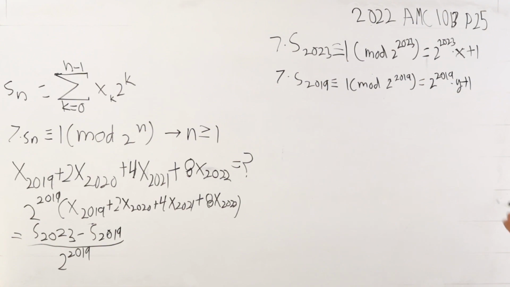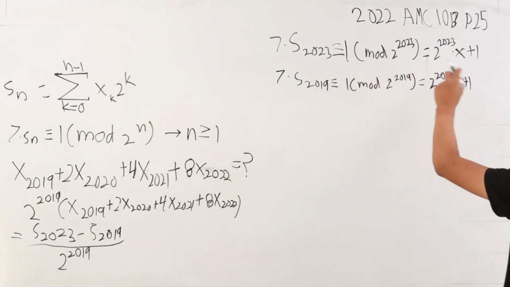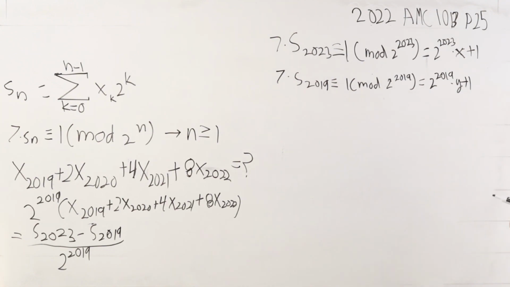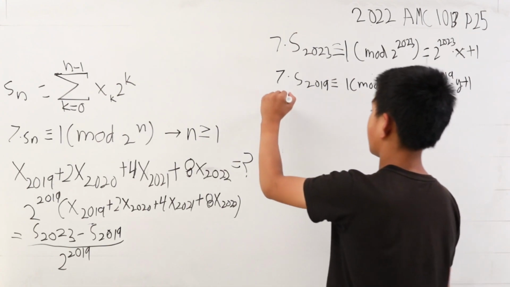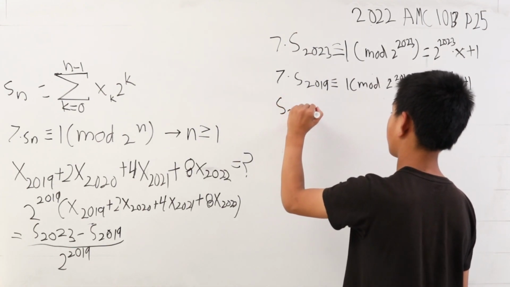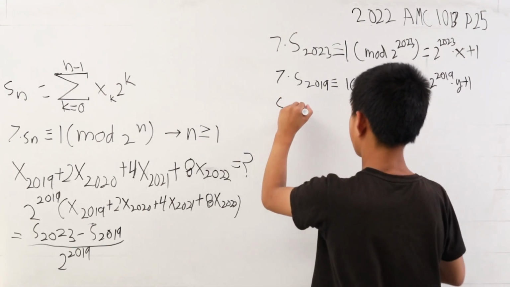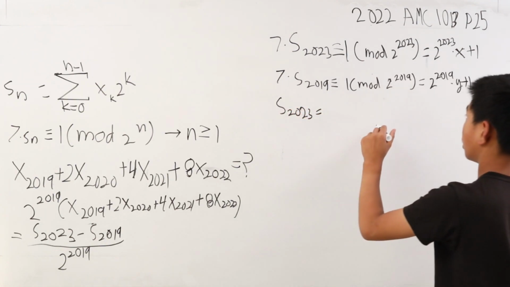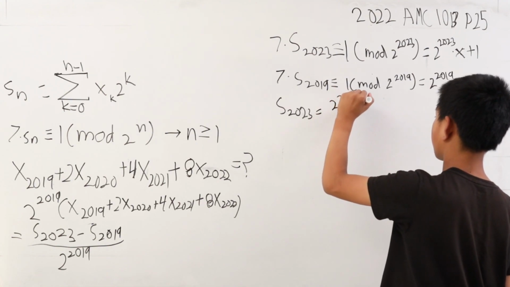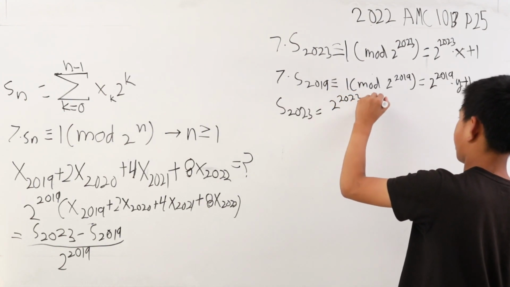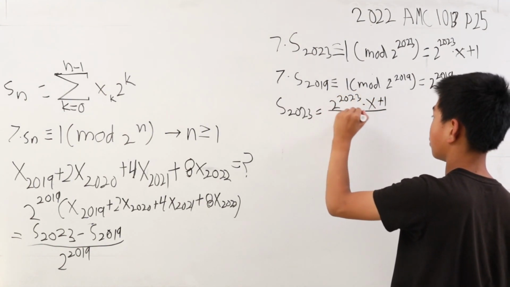Okay, so we have these values. We can get the values of S of 2023 and S of 2019 pretty easily by just dividing both sides by 7. S of 2023 is equal to 2 to the power of 2023 times x plus 1 divided by 7.